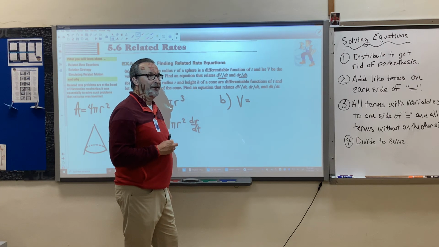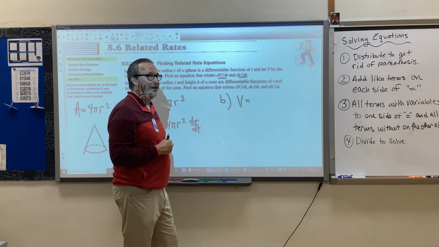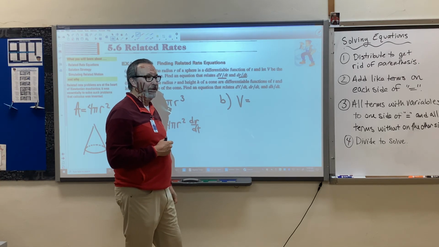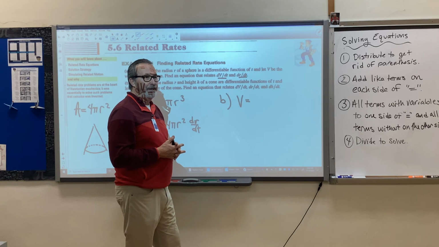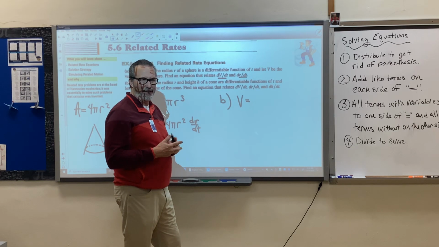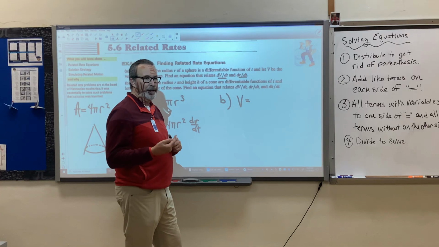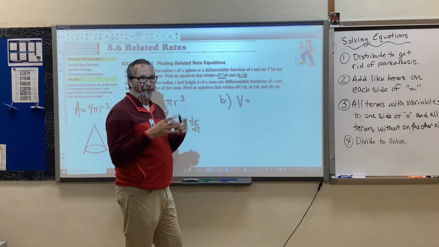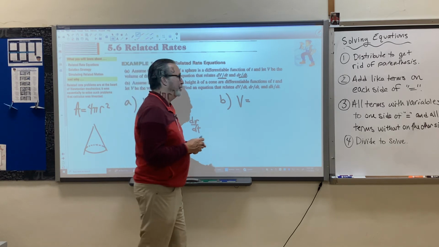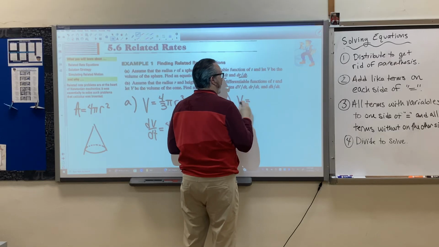It is 1/3 pi r. Yeah, pyramids and cones are 1/3 of the full version. So what's the volume of a cylinder, you remember? Area of the base times the height. Pi r squared h. So it's 1/3 pi r squared h.